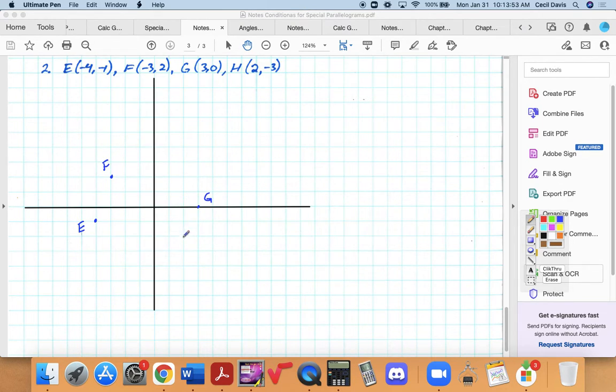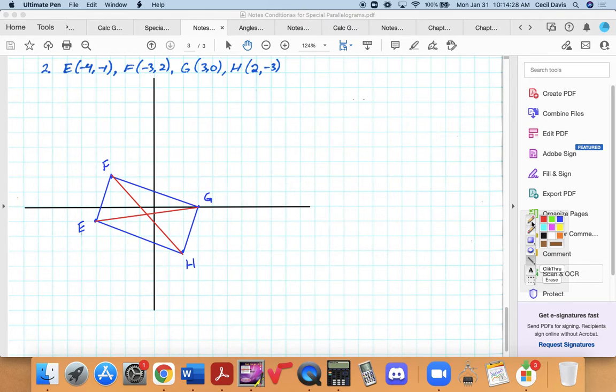And H is 2, negative 3. So again, this says use the diagonals, so I've got to find out information about FH and EG. Let's show, unlike the last one, that this is not a rhombus.